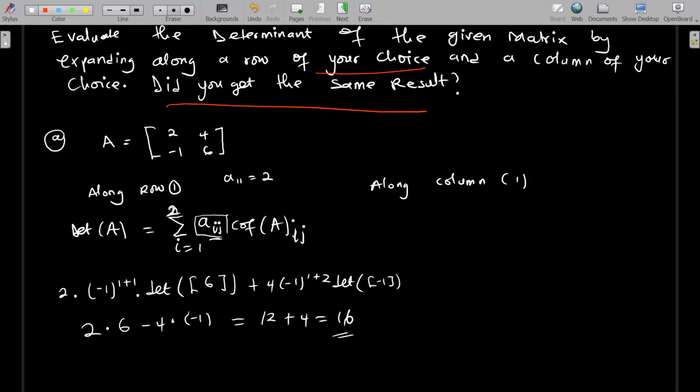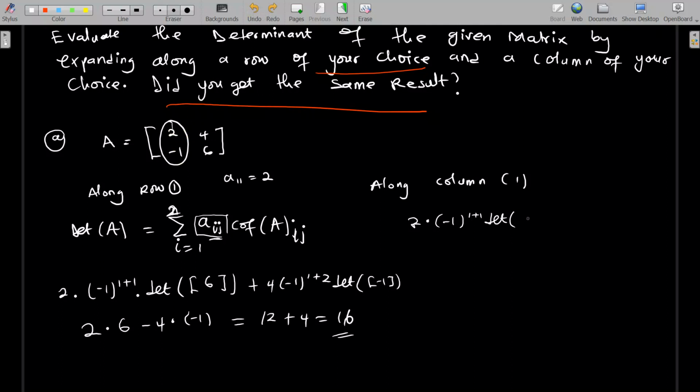Now along column 1, same thing. I just go through this side, so I have 2 times -1 to the power, the position of 2 is entry 1 1, so 1 plus 1, times the determinant when you delete column 1 and row 1, because we are at the point 2, which is a11. So you delete row 1, column 1, and you'll be left with 6.